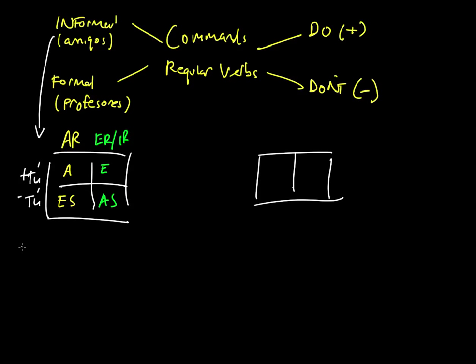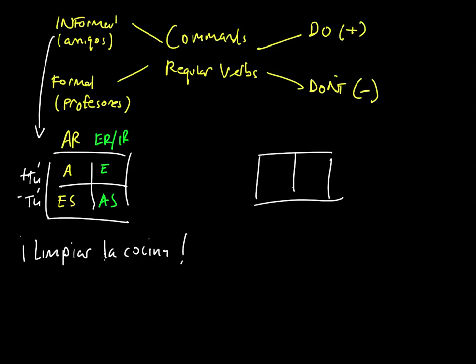So let's say you're at home and your kitchen is dirty, and someone says, hey, clean the kitchen. Clean the kitchen is a command. So we have our verb limpiar la cocina.